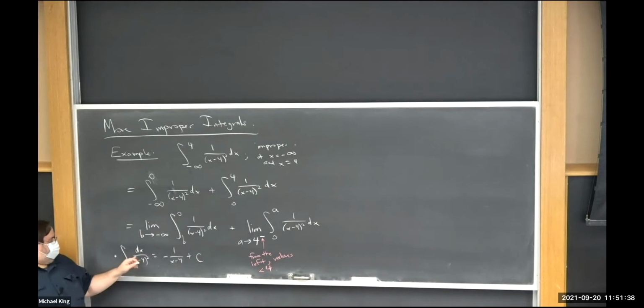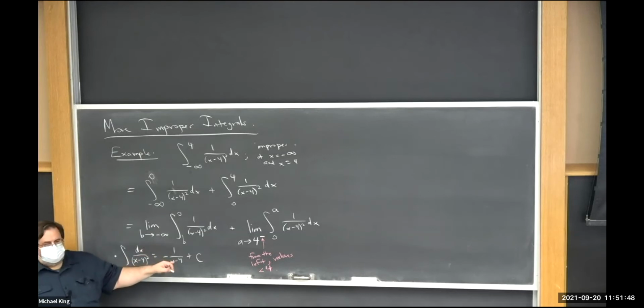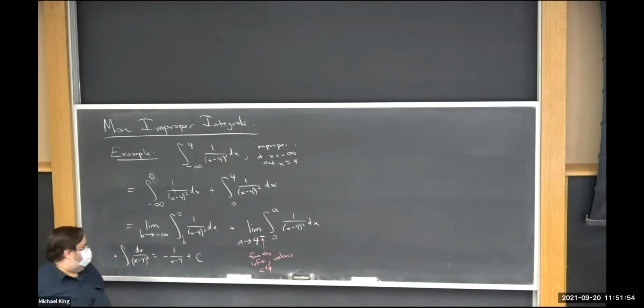You could do a u substitution to get rid of the minus 4 if you want, but it doesn't change anything. I think it's minus the negative first power, because when you differentiate this, the minus 1 would come down and cancel and give you the minus 2 power. Okay, I think that's right.